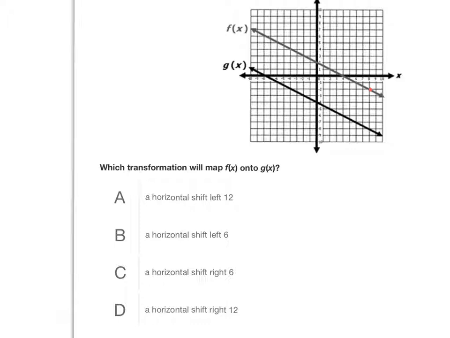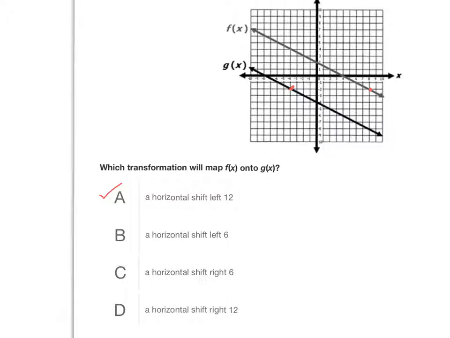So if I can shift that left 12 and I get an identical point on g of x, then that's a possibility. So let's go left. 1, 2, 3, 4, 5, 6, 7, 8, 9, 10, 11, whoops, 12. So that does seem to work. So that would end up putting us right here, right there. All right, so A seems to be a definite possibility.